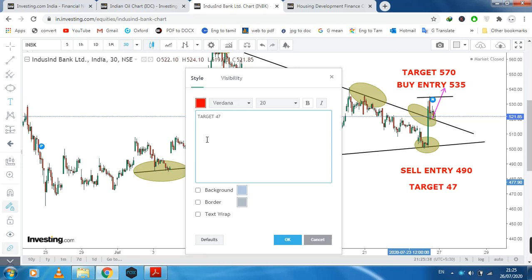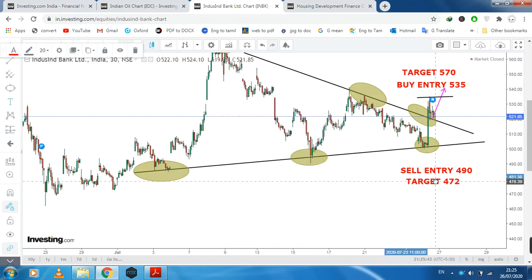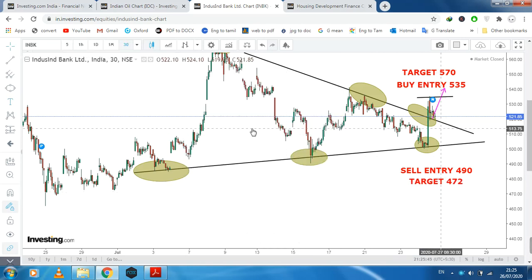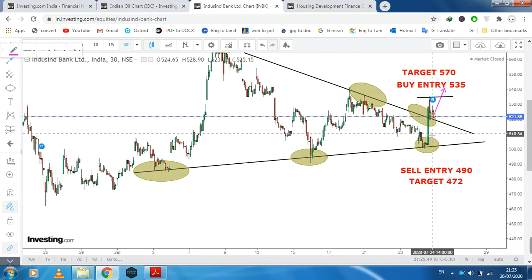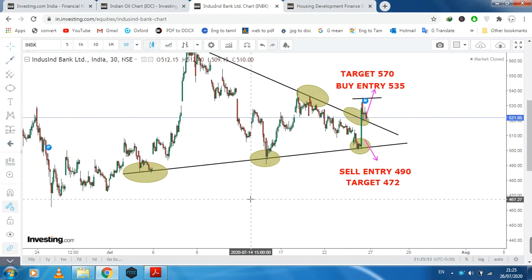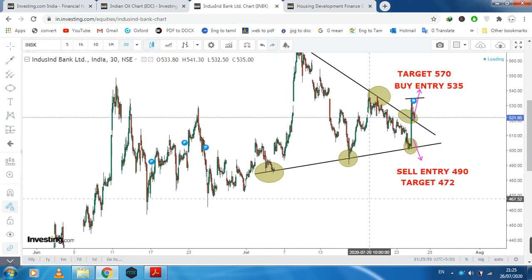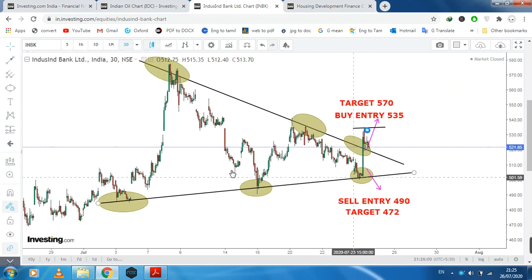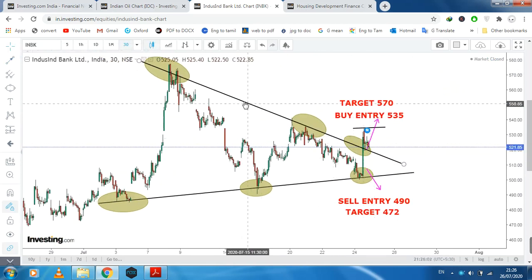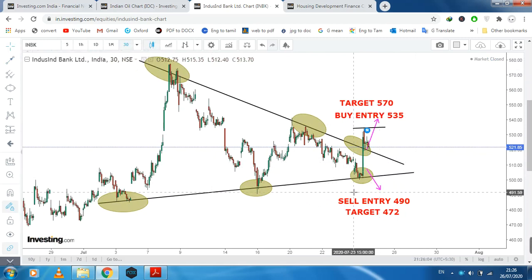Okay, so you need to wait for the market's upward and downward movements for a buy or sell entry, right? Because this good triangle pattern normally works very well for good targets.